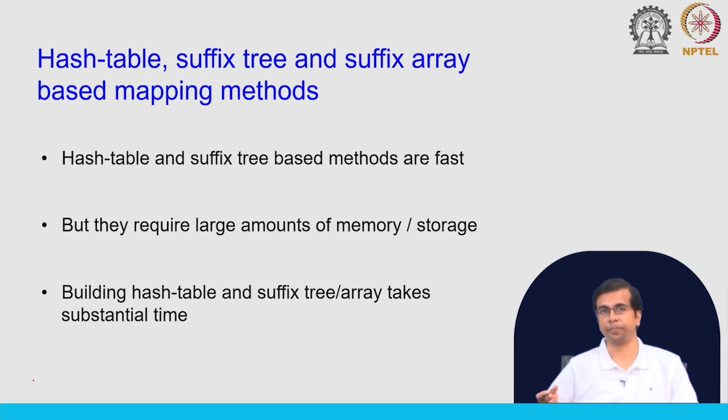In the case of a suffix tree or array, once you generate the data structure you can store it and do not have to build it again and again, whereas for a hash table, if you change the seed size, the k length, you will have to rebuild the hash table. The k length can change depending on the sequencing platform, the read length and the sequencing error that you expect in the data.